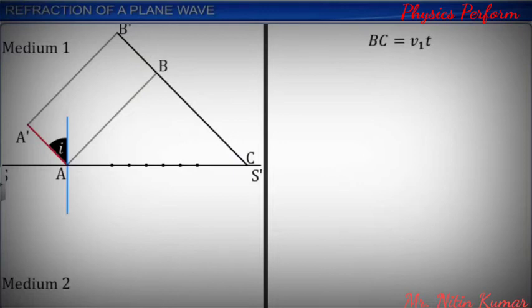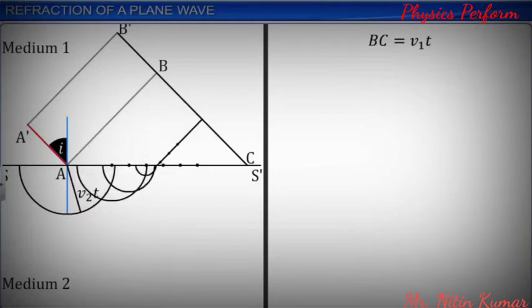Since the speed of light in medium 2 is V2, during the same period, the secondary wavelet generated at point A at time t equal to 0 will have formed a hemisphere of radius V2t. Secondary wavelets from different points on the interface form hemispheres of different radii in medium 2. If we construct a plane CD tangential to all these hemispherical secondary wavelets, it would represent the refracted wavefront after t seconds.